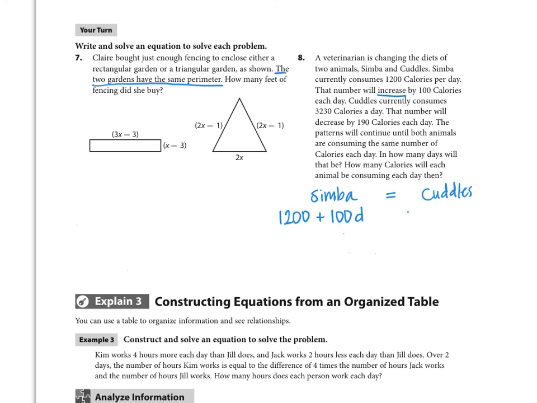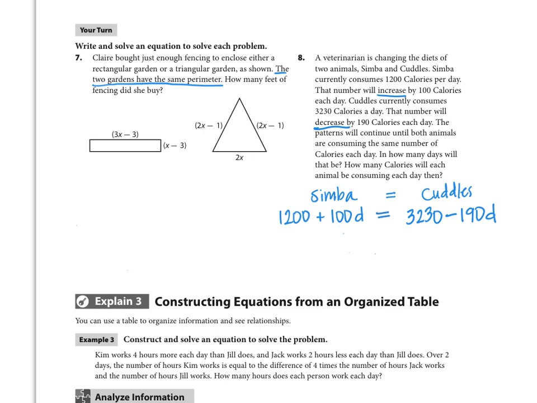Cuddles currently consumes 3,230, way more calories than Simba, but that's decreasing each day. So now we're subtracting. Okay, I'm going to underline that word decrease. Subtracting 190 calories for every day after that.